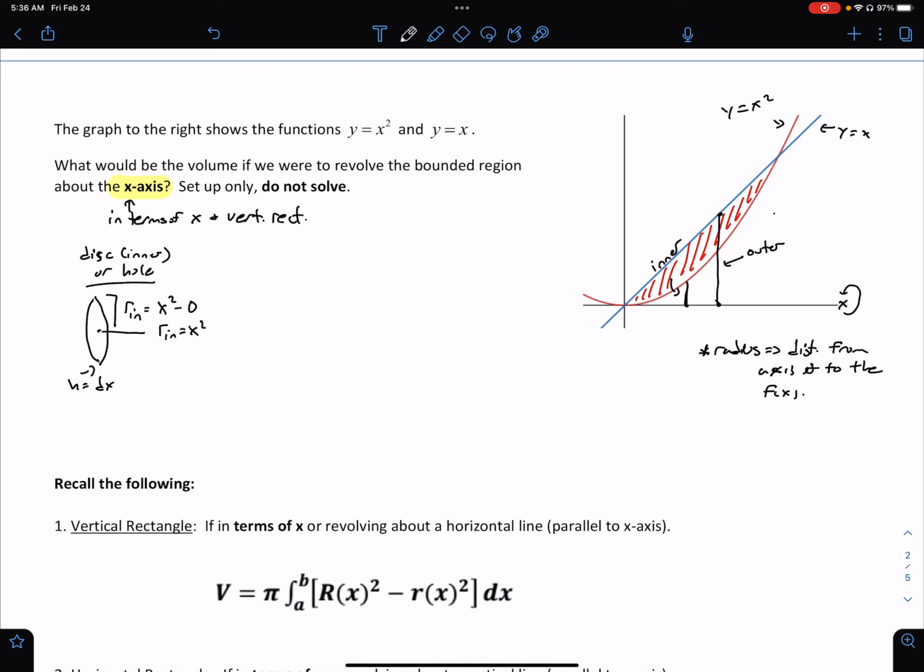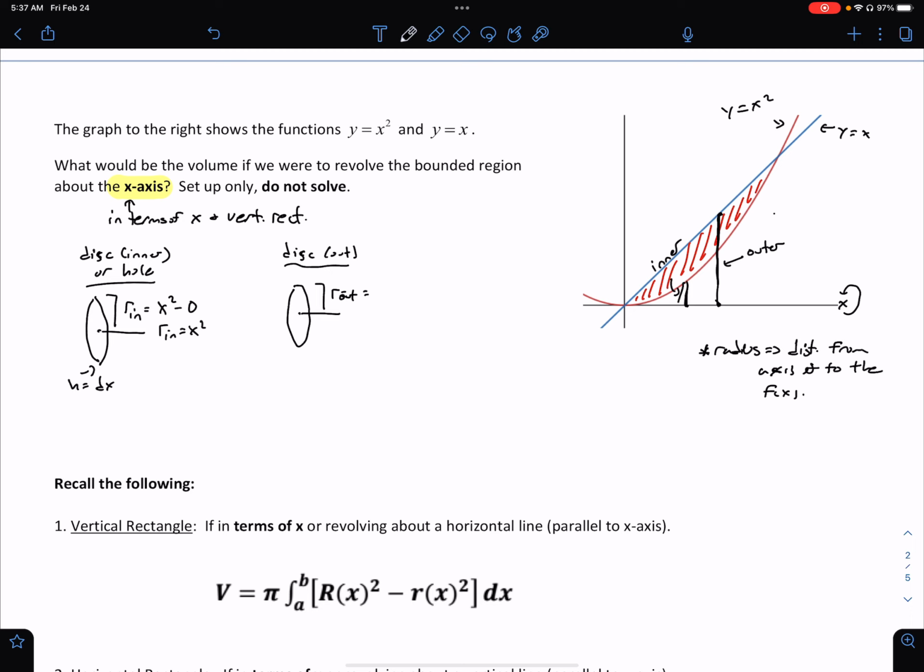Now we've got to do the other disk. Well, the second disk is the disk on the outside. That is this disk right here. Remember my rectangles of math, and there's my other disk. So if I draw that disk, same thing, I've got to get my radius. In this case, we'll call it the radius of the outside.